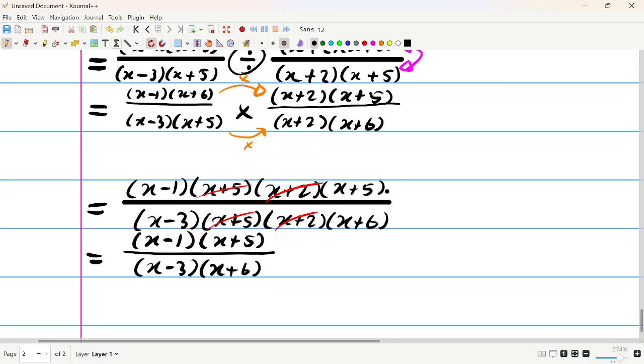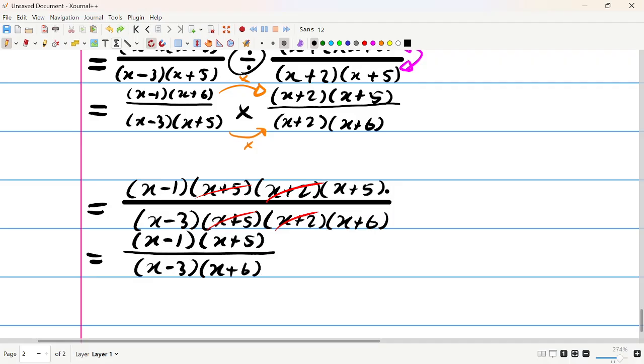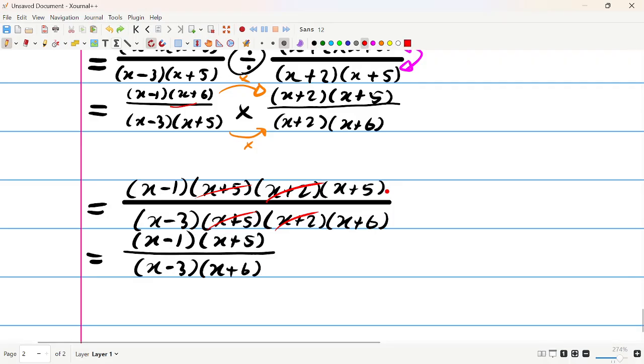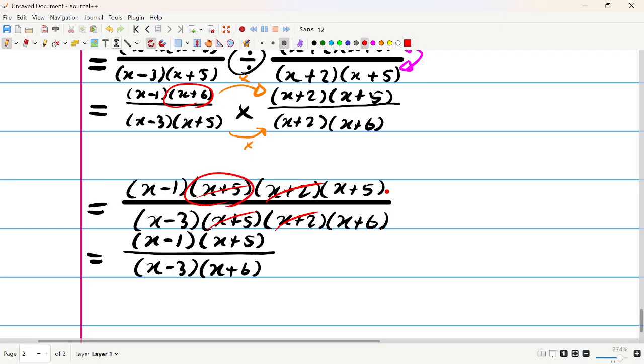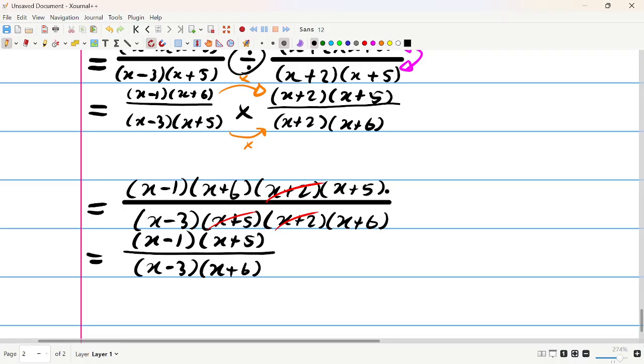Right. So apparently there was a mistake that was made. I just realized it, by the way, because I was like, whoa, this looks a bit weird. So first of all, if you didn't notice it, x plus 6, x plus 5, that was a mistake. So let's fix our mistakes, okay? This over here is supposed to be x plus 6, and clearly that was not supposed to cancel with the x plus 5 that we had over here.